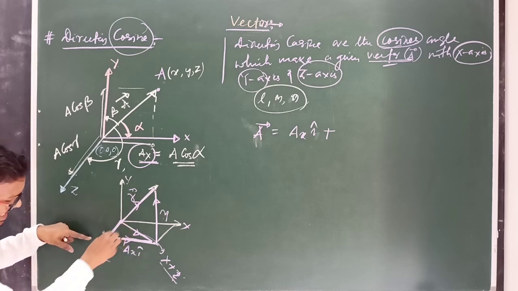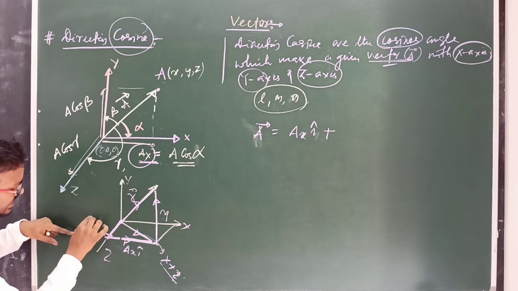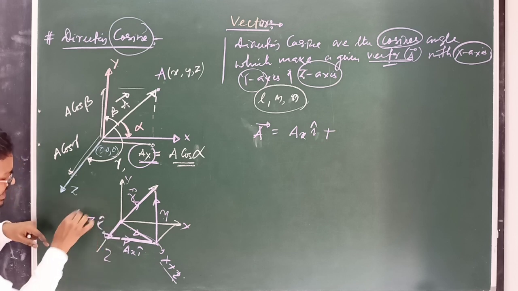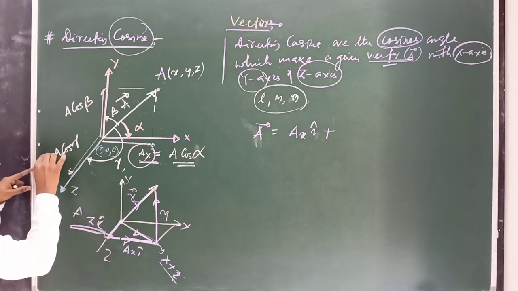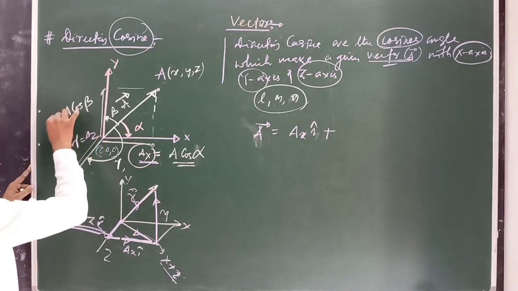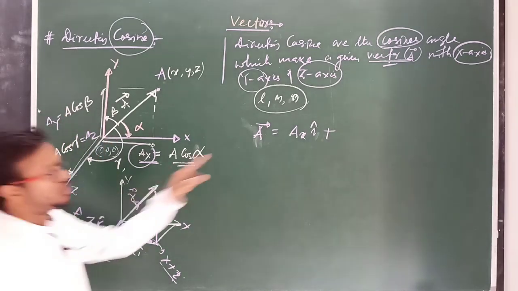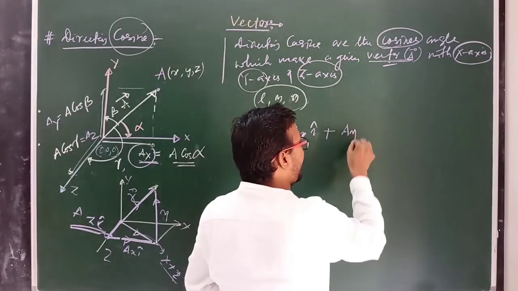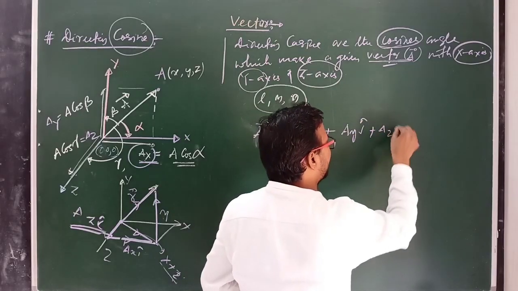Clear? Then this is the z axis, which we write as az k cap, and here this is ay, so you can write ay j cap plus az k cap.